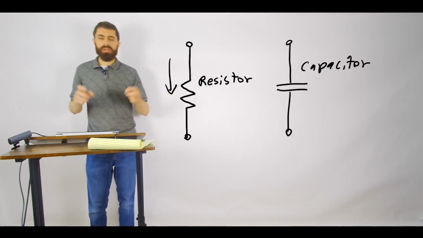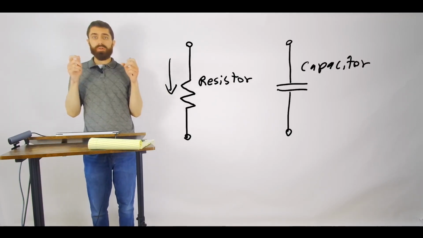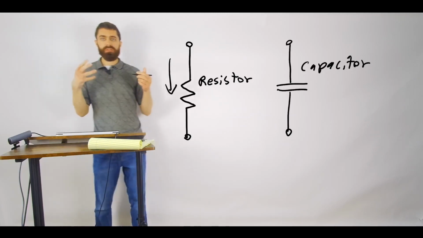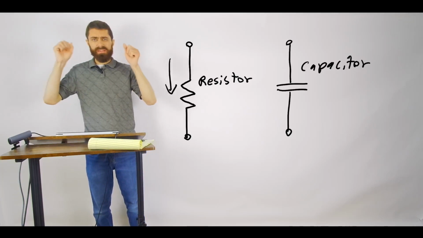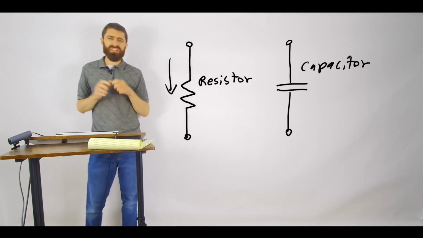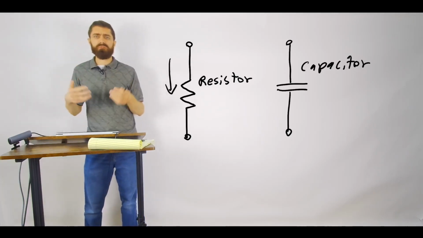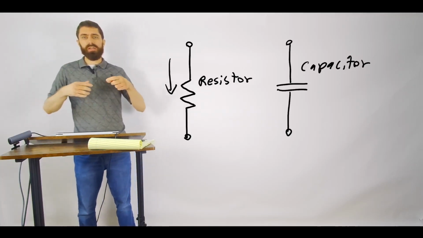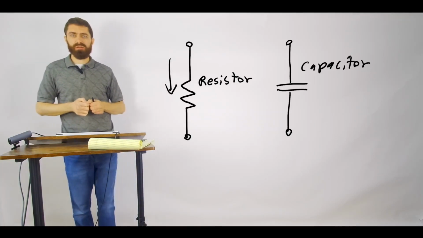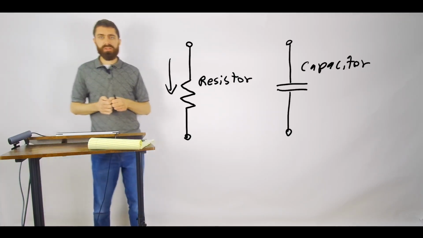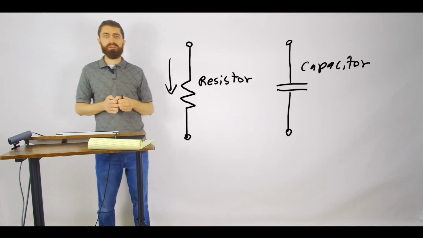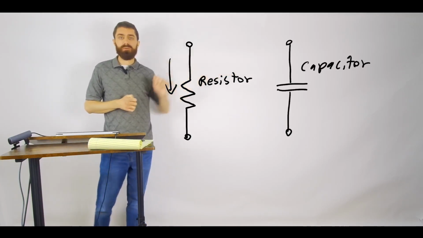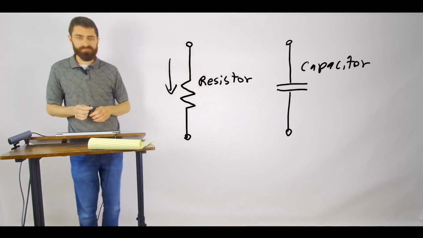So for example, a flash on your camera will most likely use a circuit that charges up a capacitor and then dumps it really quickly. So it's kind of like a battery, but it's typically meant not for powering things, but more for quick bursts of energy. They're also used for things like filtering radio signals. So there's tons of uses, and you will learn more about that.